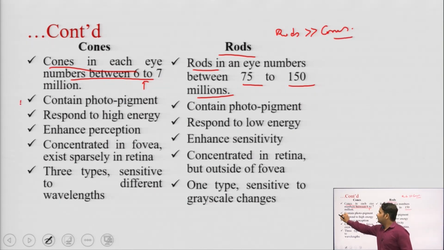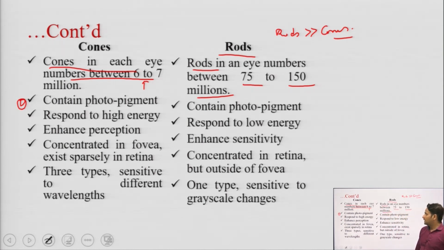Second difference: it consists of photopigments. So, that is the similarity between rods and cones. Rods also consist of photopigment.